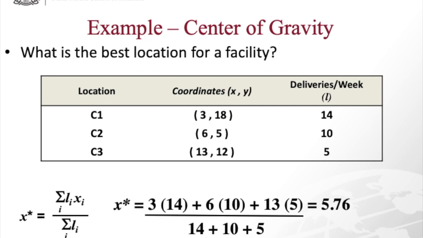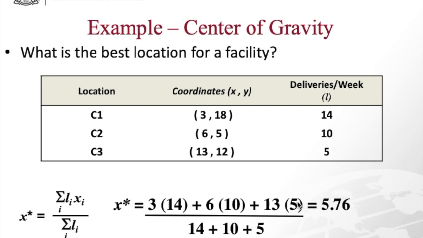Okay, I promise. So x here is going to be 3 because it's the coordinate of C1. So it's x for C1 times the load for C1, 14, plus x for C2 times the load of C2, so 6 times 10, plus the x of C3, 13, times the load of C3, which is 5.